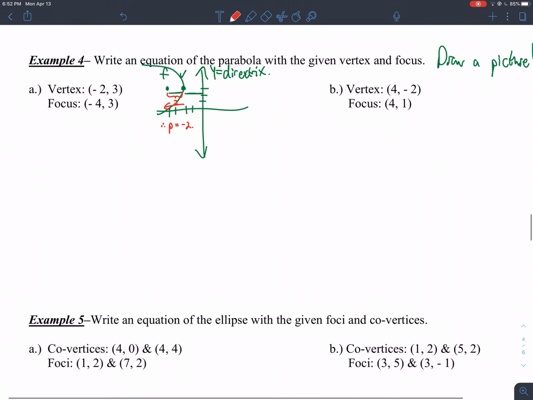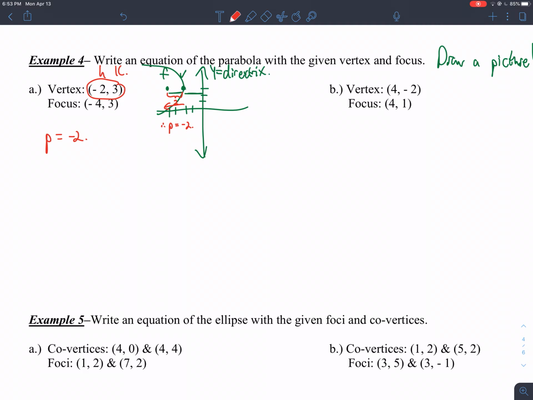All right. So now that I know that p is negative 2, and I have h and k from the vertex, I can just plug stuff in and I'm done. You just plug stuff in. So you need to know the right form.